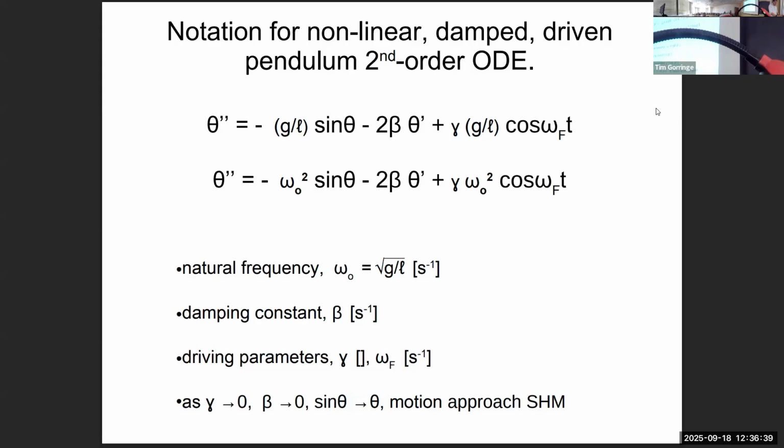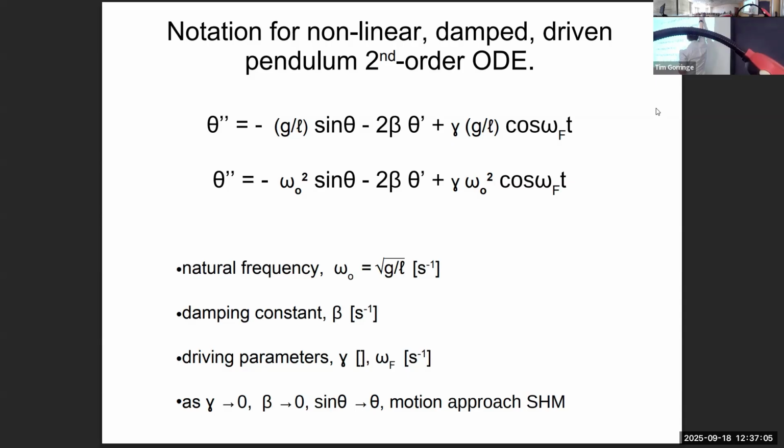This is the language we're going to use for the damped driven pendulum. This is the language we basically used in the last class. I'm just repeating it here to remind us. I wrote down here the version of the second order differential equation where the independent variable is time and the dependent variable is theta.